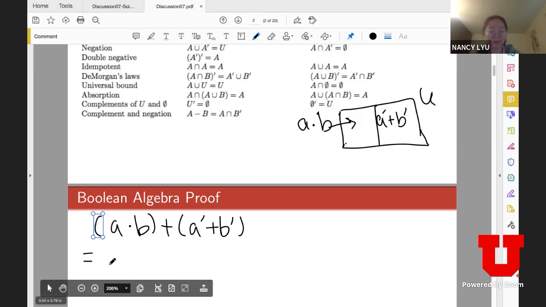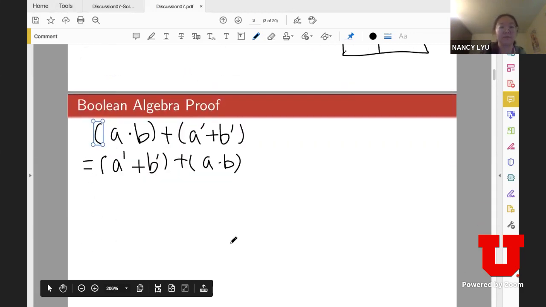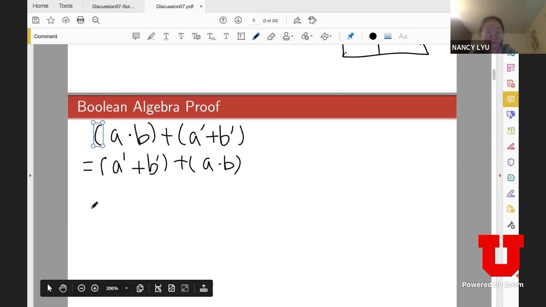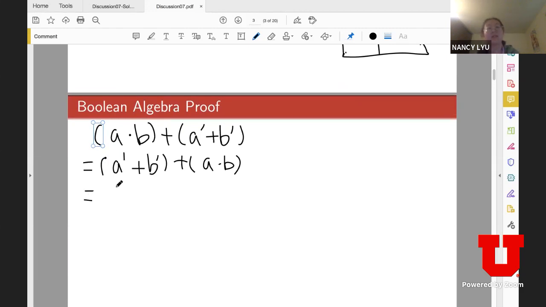So we can start by using commutative, just switching these two. And then we can use distributive, just viewing this A complement plus B complement as a whole.